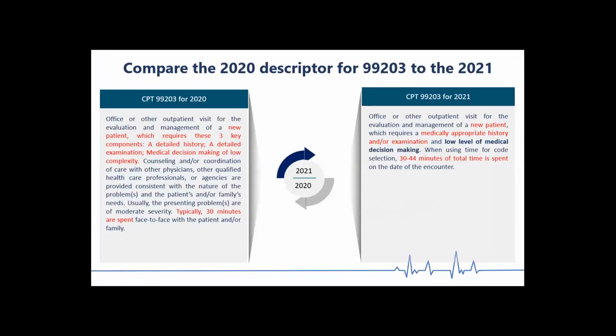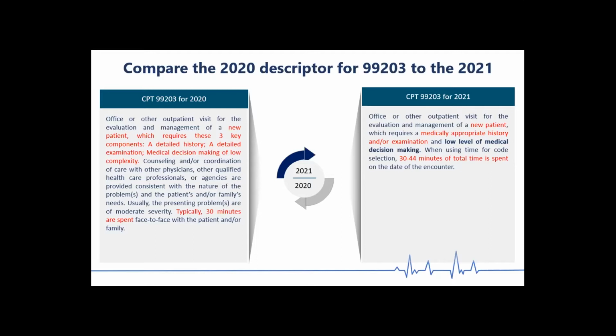So let's compare the code description for 99203 for 2020 with 99203 for 2021 so that we get a clear idea of what will differ. So in 2020, we required three key components for 99203, that is a detailed history, a detailed examination, and medical decision making of low complexity.